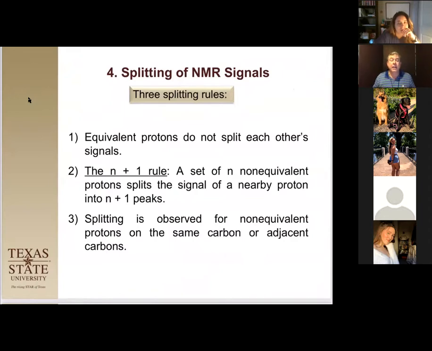Okay, and then we add the number of hydrogens that are within 3 bonds to that 1 peak. Our N is the number of hydrogens within 3 bonds. Our 1 is our equivalent protons we're looking at. And then we will see that they form a singlet if there are no hydrogens within 3 bonds, or 1 hydrogen will give you a doublet, a triplet, etc.